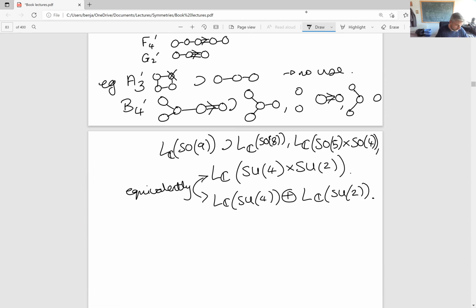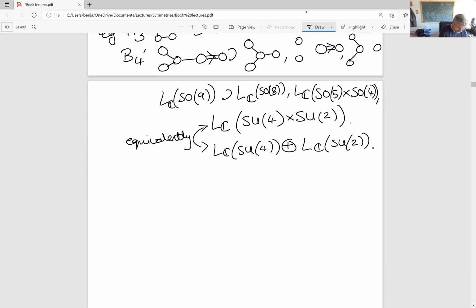Okay, let's give you one more case. D5 prime. So this one looks like the following. Okay, so there's various ways that we could remove this, but one interesting one. Again, this is for grand unified theories.